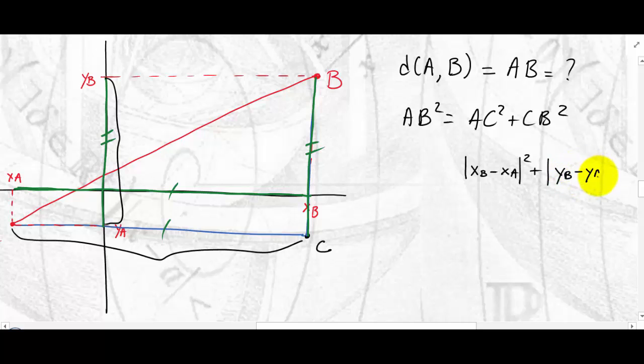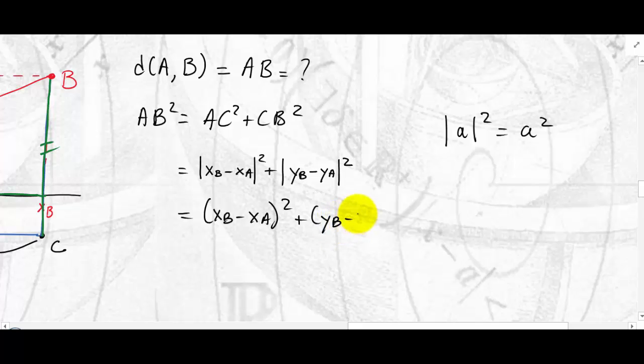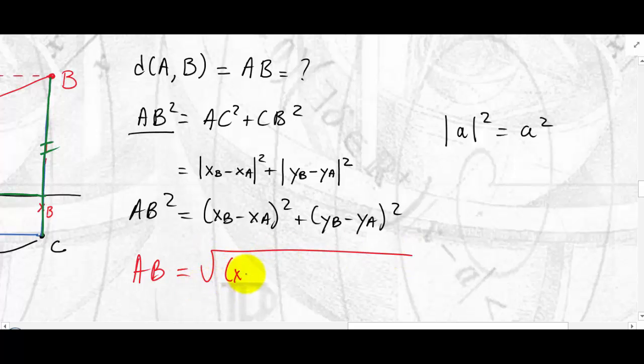Now, there's a property of absolute value that says that the absolute value of a number squared is the same as just taking the number squared, because the square and the absolute value are redundant here. So what do I have? I have XB minus XA squared plus YB minus YA squared. But this is not AB, it's AB squared. Therefore, the distance formula is AB equals the square root of XB minus XA squared plus YB minus YA squared.